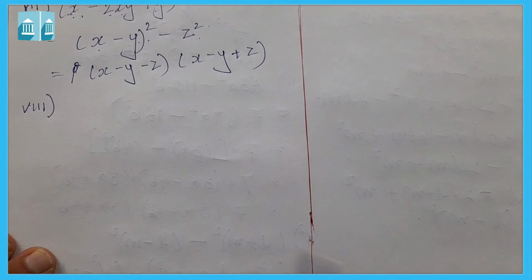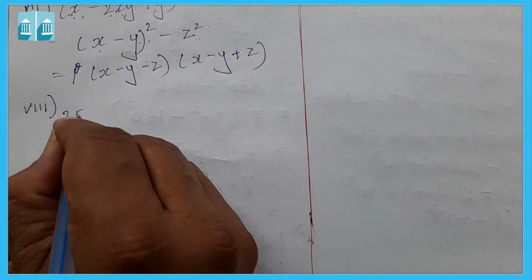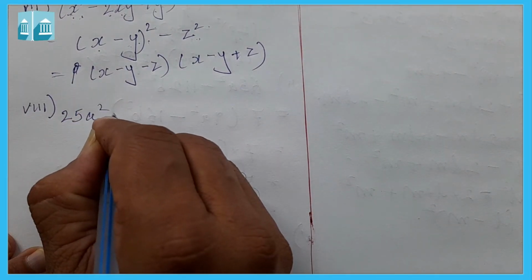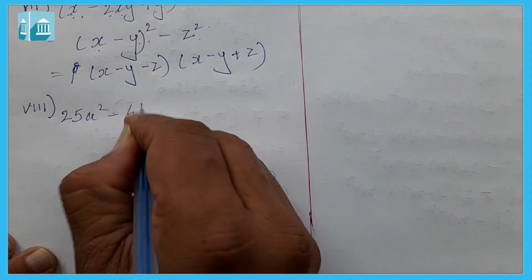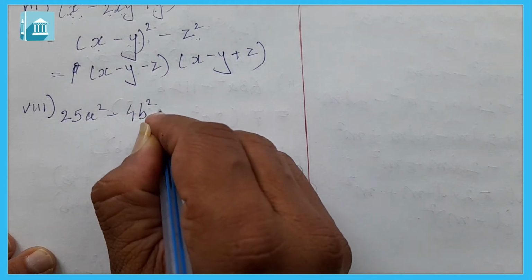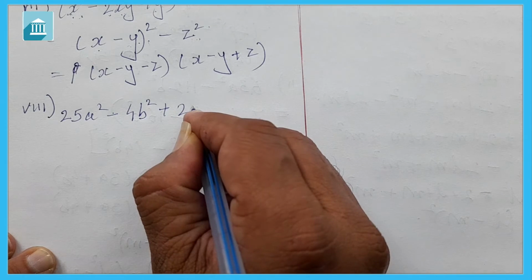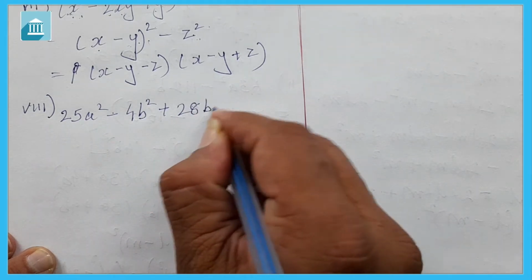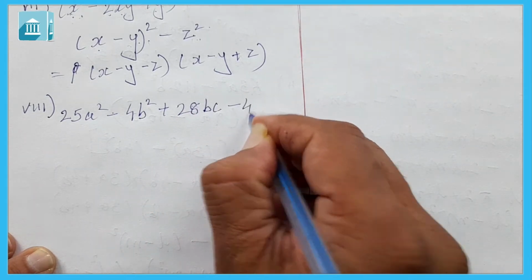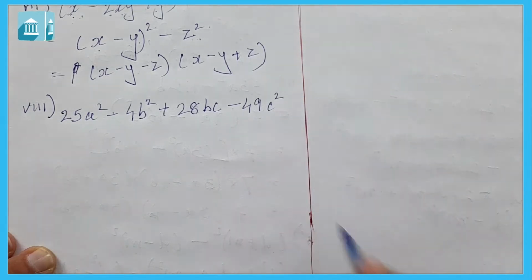Question number 8 is 25a square minus 4b square plus 28bc minus 49c square.